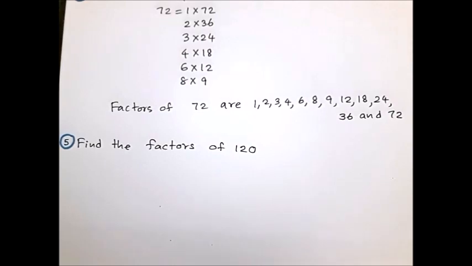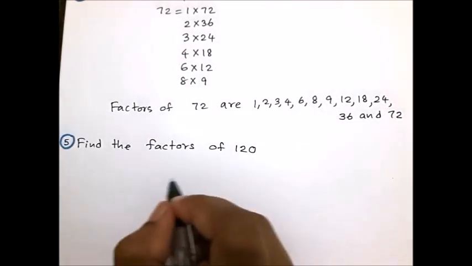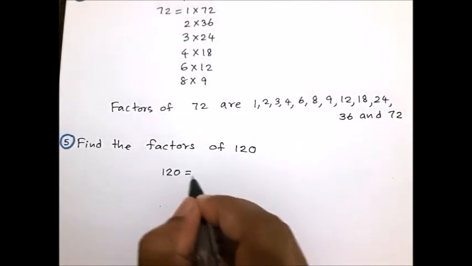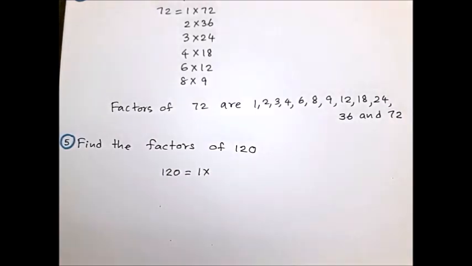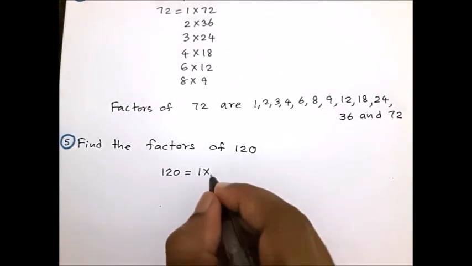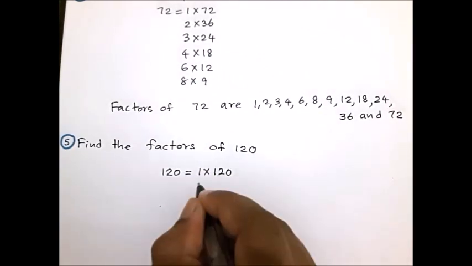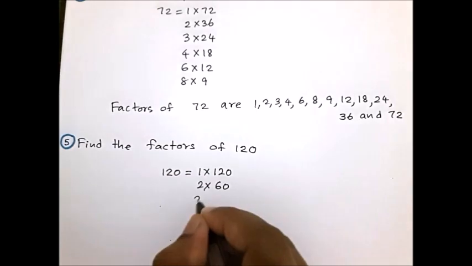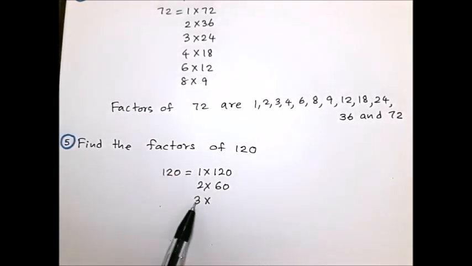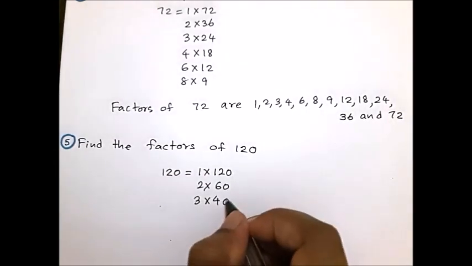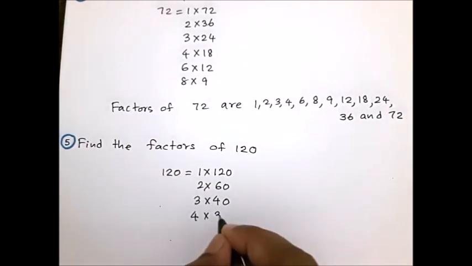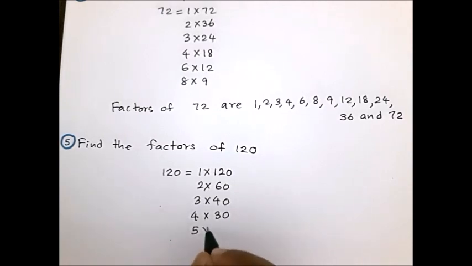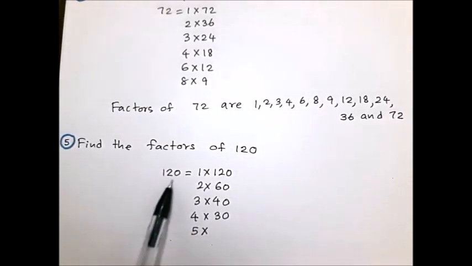Let's start the fifth one. Find the factors of 120. Write 120 as a product of two numbers. 1 multiplied by 120. 2 multiplied by 60. 3 multiplied by, divide this one by 3, it is 40. 4 multiplied by, divide this number by 4, it is 30. 5 multiplied by, divide this number by 5, it is 24.